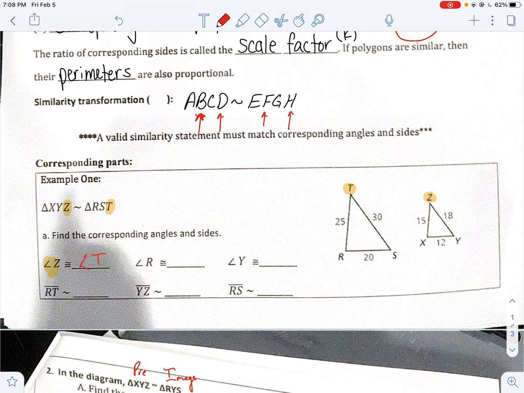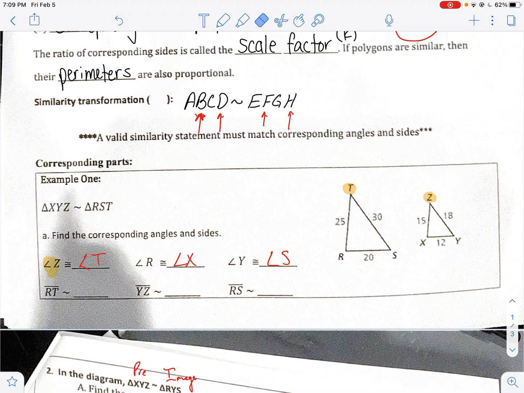So angle Z corresponds with angle T. And because they're similar figures, those angles are congruent. They're the same number. Or I could say that angle R, the first letter, corresponds with angle X. Or angle Y corresponds with angle S.